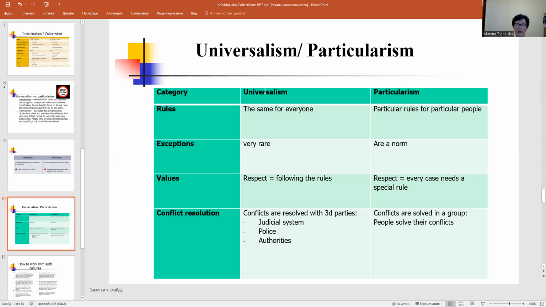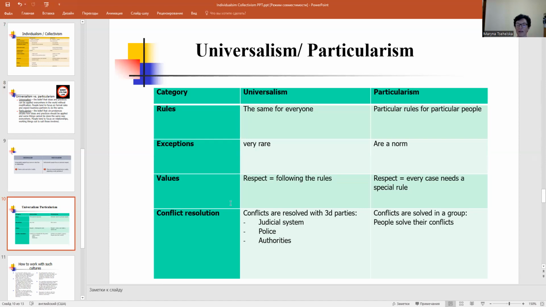Exceptions are very rare, one law for all, while in particularism exceptions are a norm. And the main value in universalism would be following the rules. Why? Showing your respect in particularism would be the specific rules for every case.